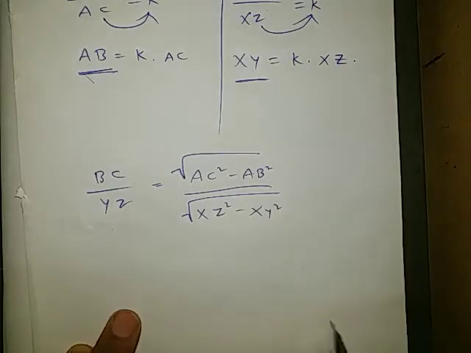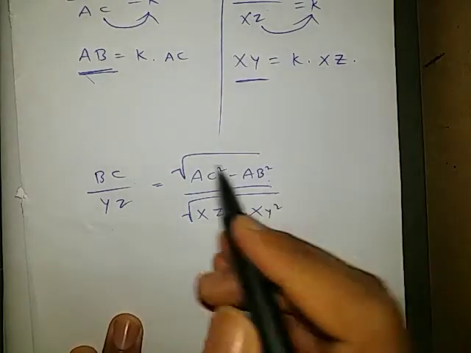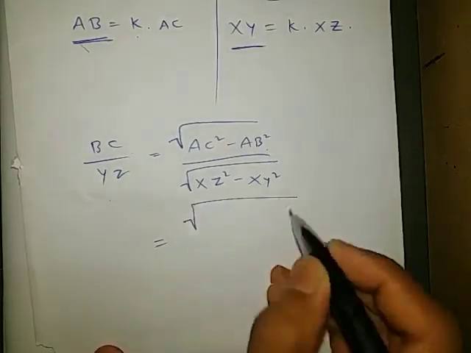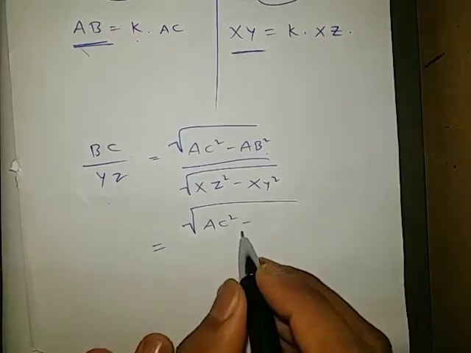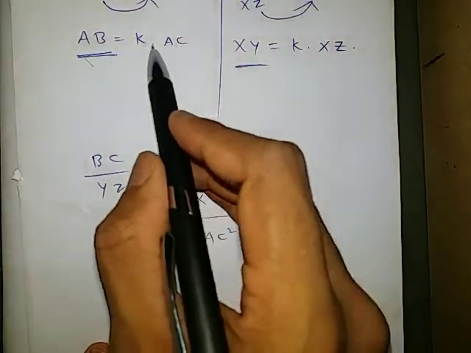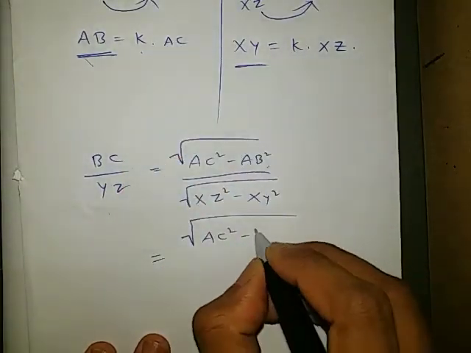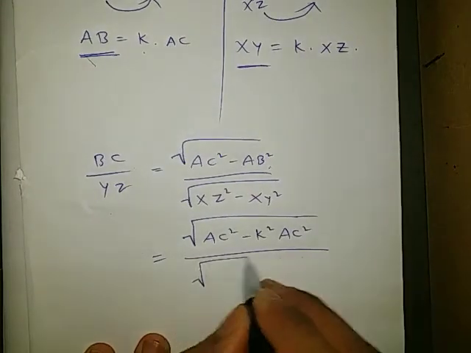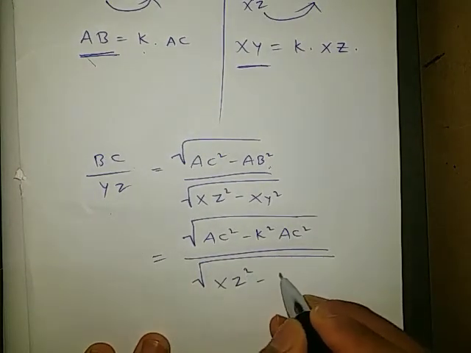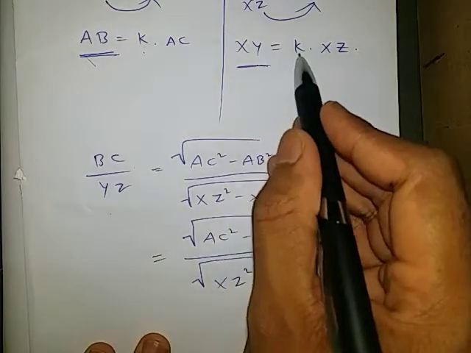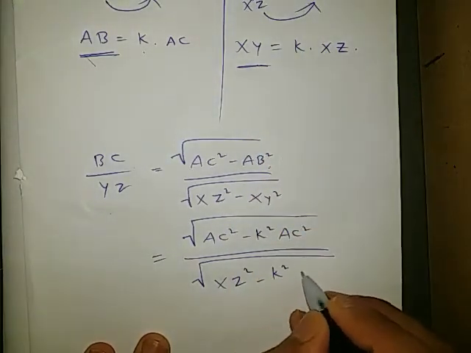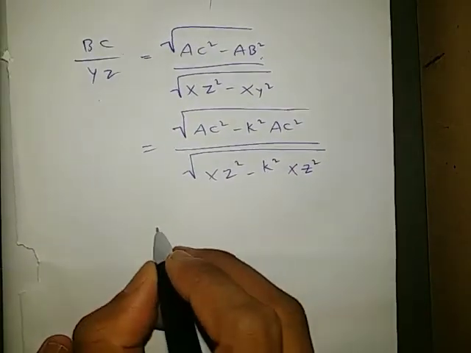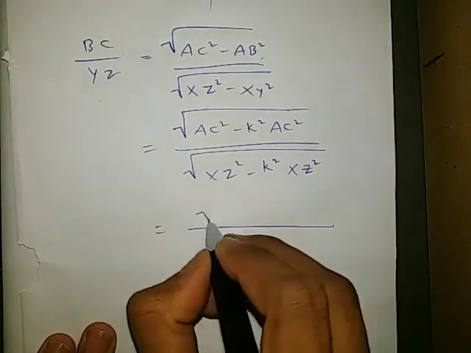In the place of AB I will substitute K into AC, so AB square becomes K square AC square. In the place of XY I will write K into XZ, so it becomes K square into XZ square.